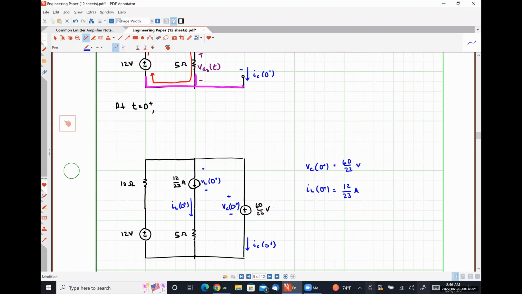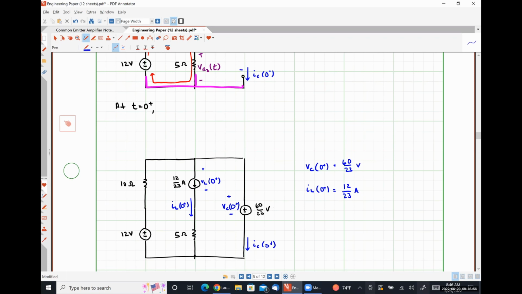So let's think about things here. Now we could, if we were so inclined, wind up using nodal or mesh to determine what we're looking for. And there's nothing inherently wrong with that, but it can be overkill in some situations.